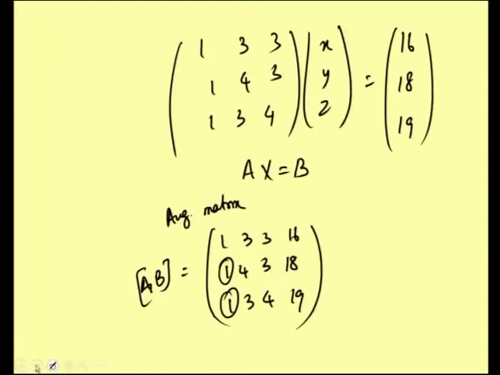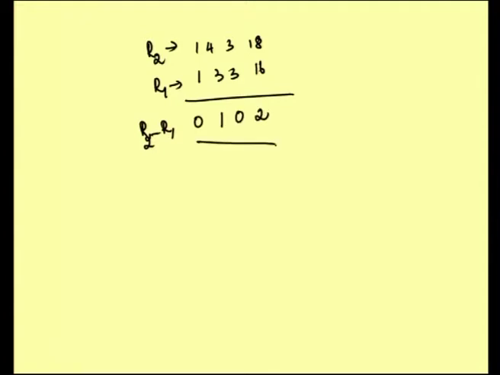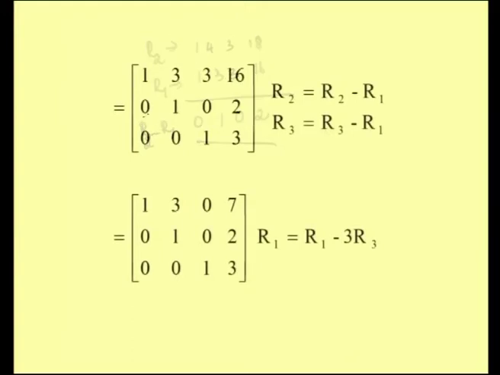Row 2 is 1 4 3 18 and row 1 is 1 3 3 16. So row 2 minus row 1 is 0 1 0 2, and this is written here. Similarly, row 3 minus row 1.